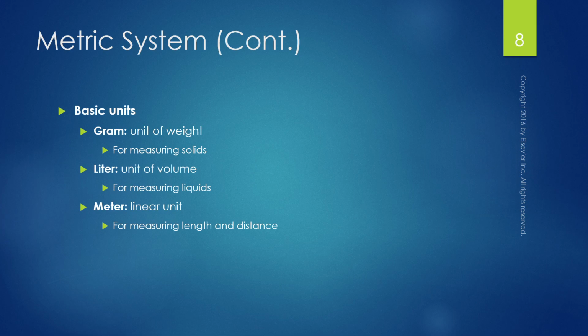You guys are probably all used to getting 2-liter sodas at the store, so we know what a liter is. The meter is a unit of length for measuring length and distance. To give you something to reference, the meter is very similar to the yard, which is 3 feet. A meter is, roughly speaking, 3 feet 3 inches.